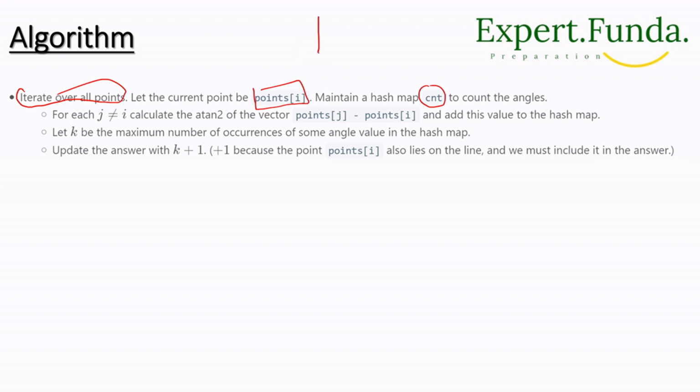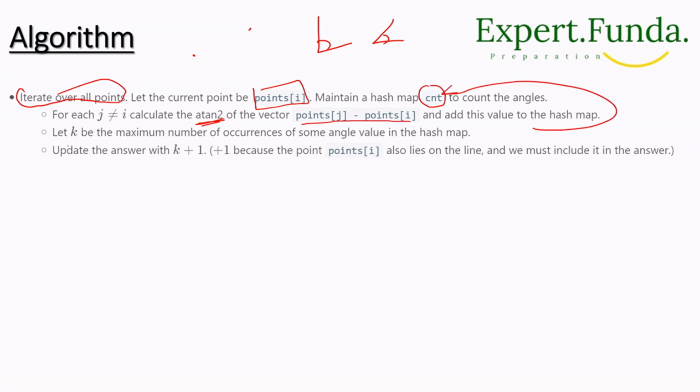For each j not equal to i, we calculate the atan2 of the vector point j minus point i, which gives us the angle, and we add that onto the map.